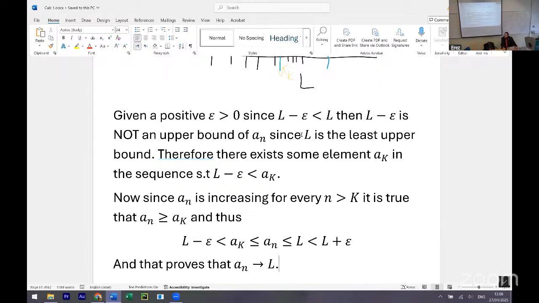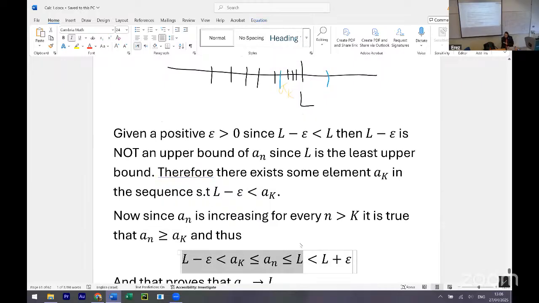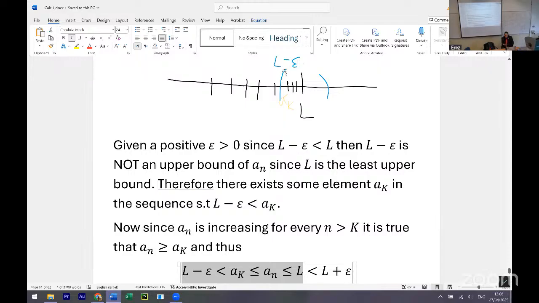Yes, Sam. Why did you have the L plus epsilon at the very end? Is that just to show that it's within the area? Yeah, that's the full accurate proof of the definition, right? Because the definition says it's within the area. It's obvious that it's within, like I told you in the illustration: if it is between the left blue bracket and the limit, obviously it's within the area.